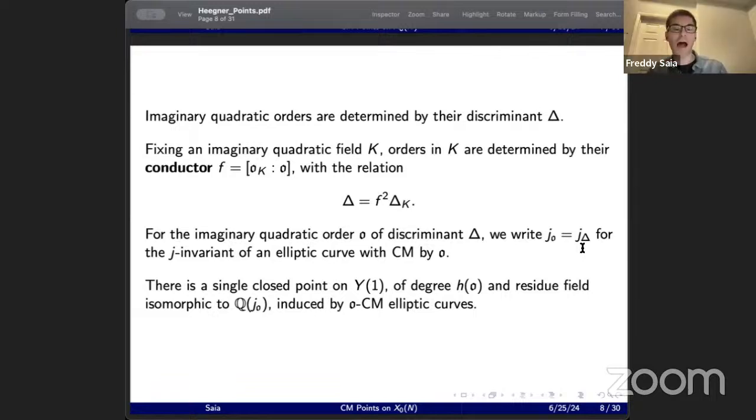Yeah, i and rho are points with CM by discriminants -4 and -3. On your J line, or on any modular curve, you have CM points by any discriminant. So take any discriminant you like, you have CM points by that discriminant.